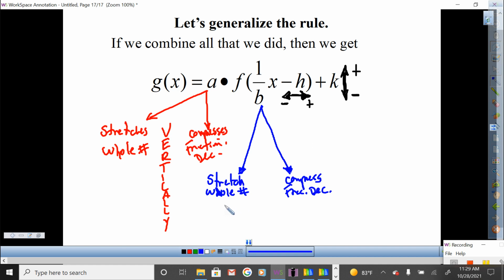And this is horizontally. Yes? How are we doing? Okay.